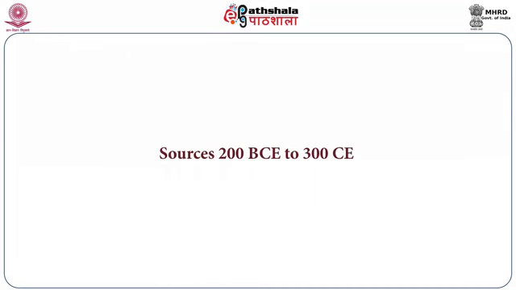Sources, 200 BCE to 300 CE. What do we get during this phase from the sources? Remember, again, both literary as well as archaeological sources are important for this phase also.